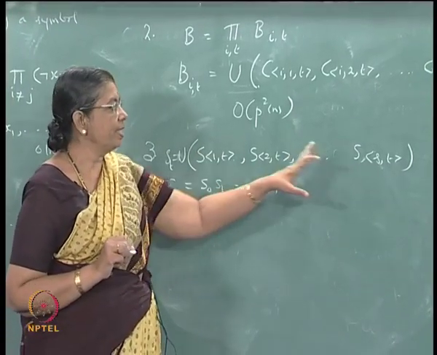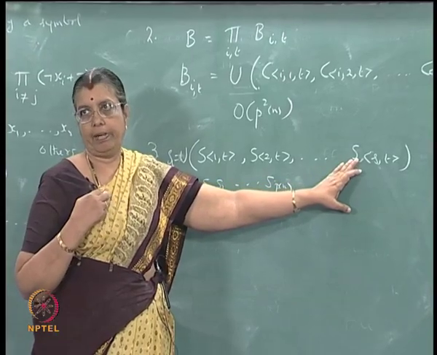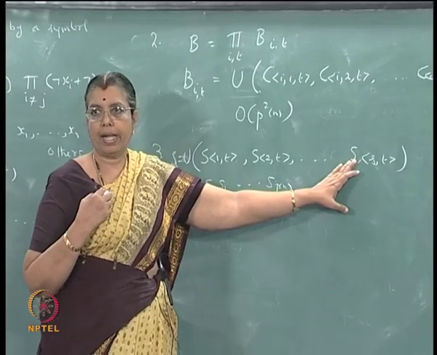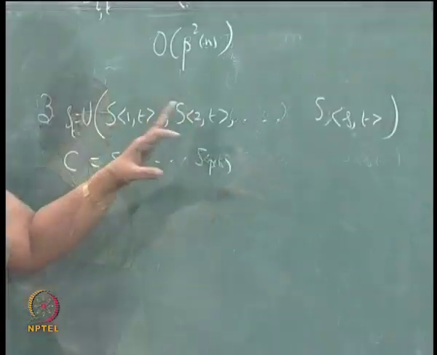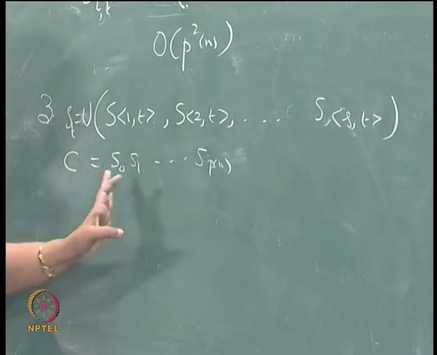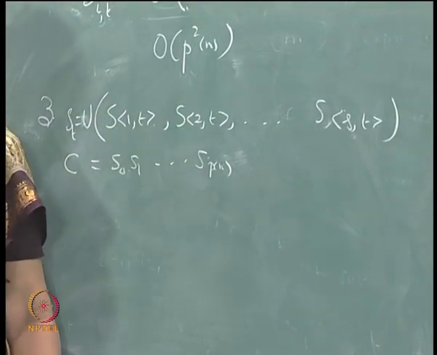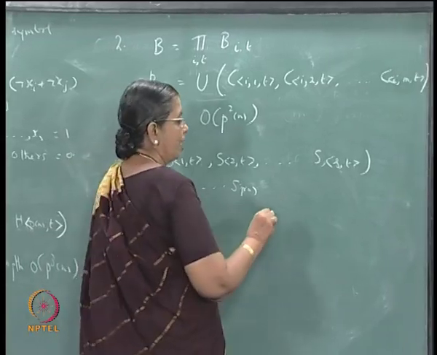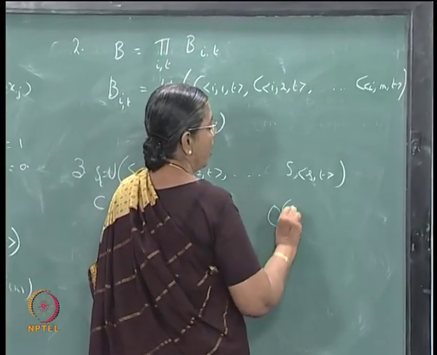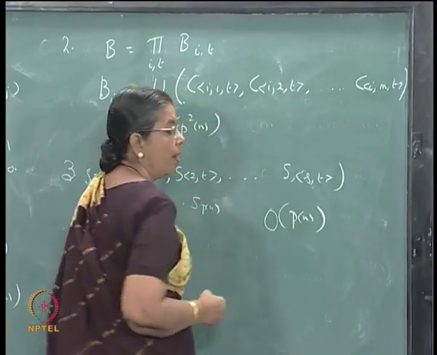The length of this is order s squared, but s is a constant, right. So, the length of this is a constant, but this varies from 0 to Pn. So, the total length of this expression will be order p of n.